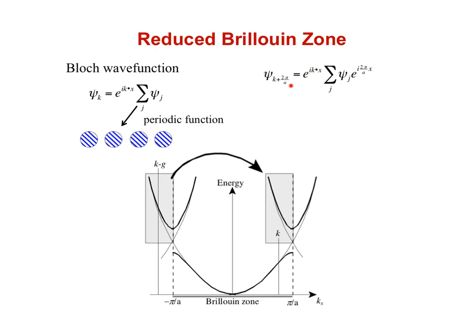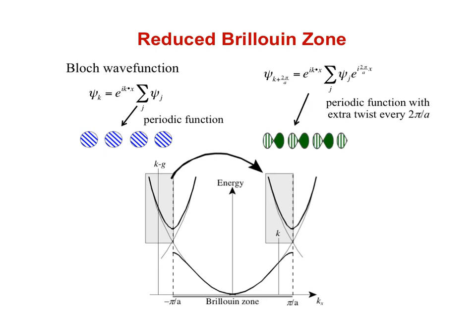The wave function at k plus 2 pi over a can be written as e to the i kx times e to the i 2 pi over a x. Because e to the i 2 pi over a times x is a periodic function with the same periodicity as the lattice, we can move it over to the side where the periodic function is.